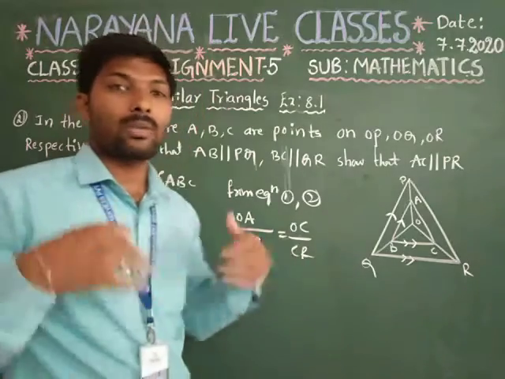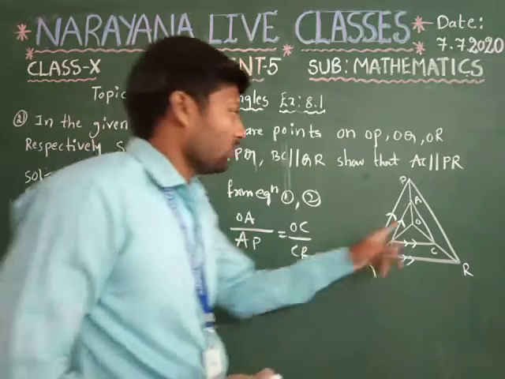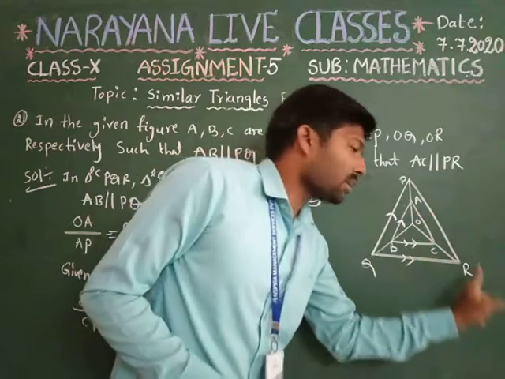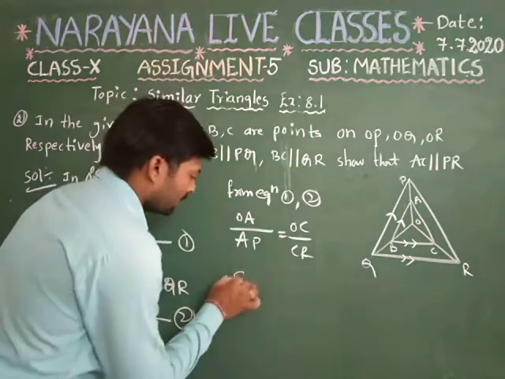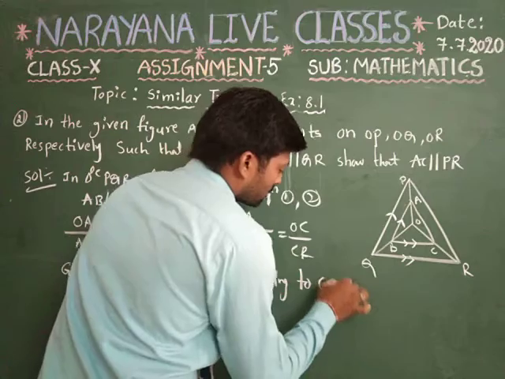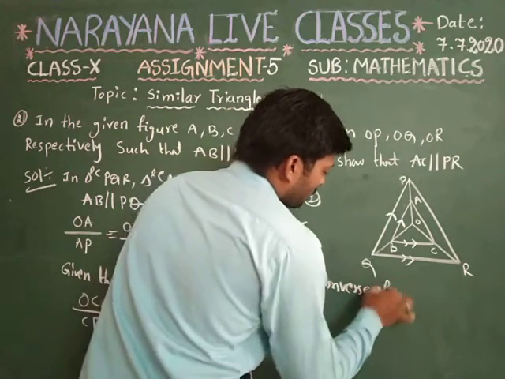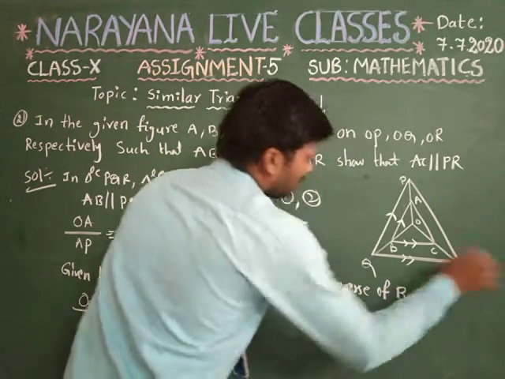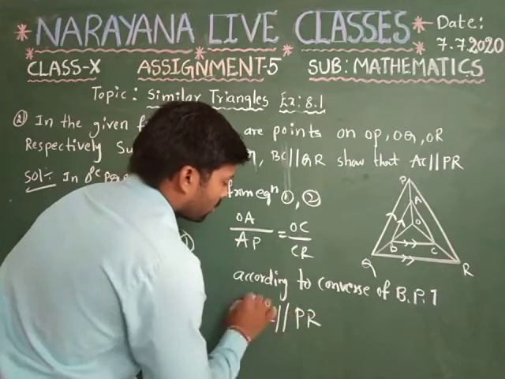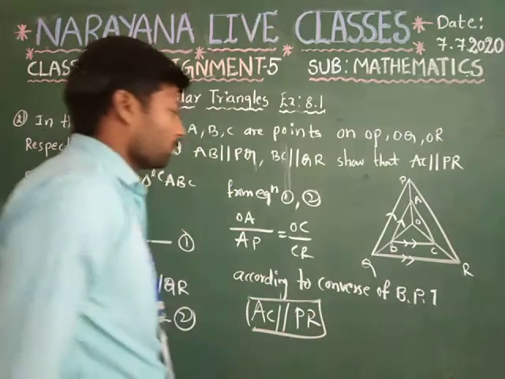According to the converse of the basic proportionality theorem, if a line divides the remaining two sides in the same ratio, then AC is parallel to PR.